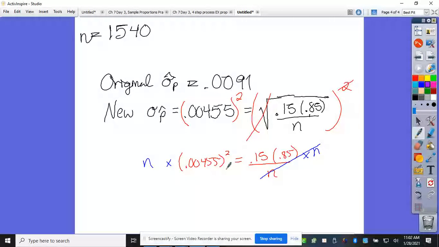So to get n by itself, I type in what? I type that in. 6158.